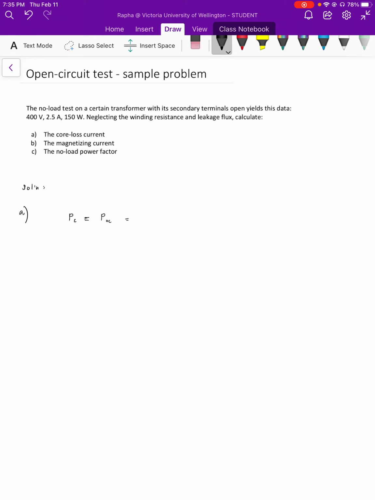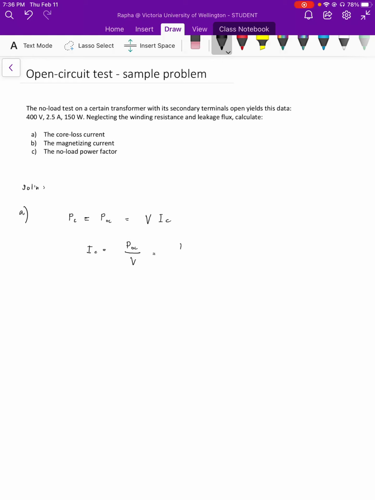And then this is equal to applied voltage V times the current IC. So masolve na to ang IC using the value of the power and voltage. So we have IC is equal to open circuit power divided by voltage.